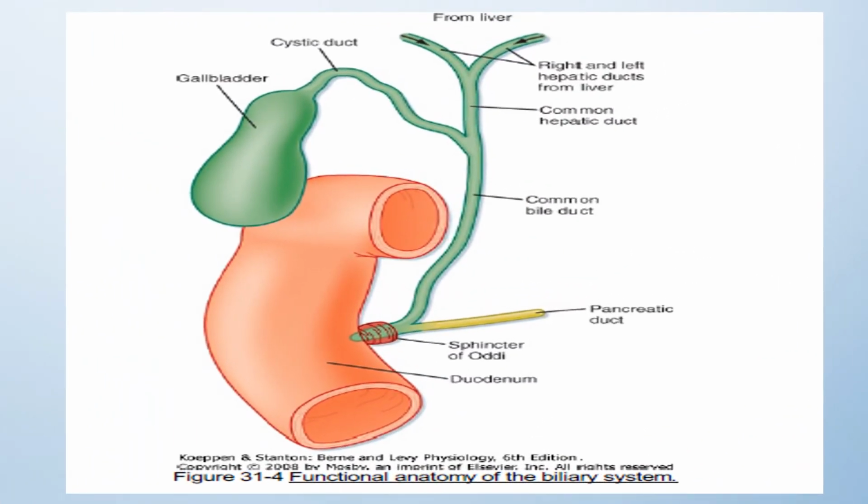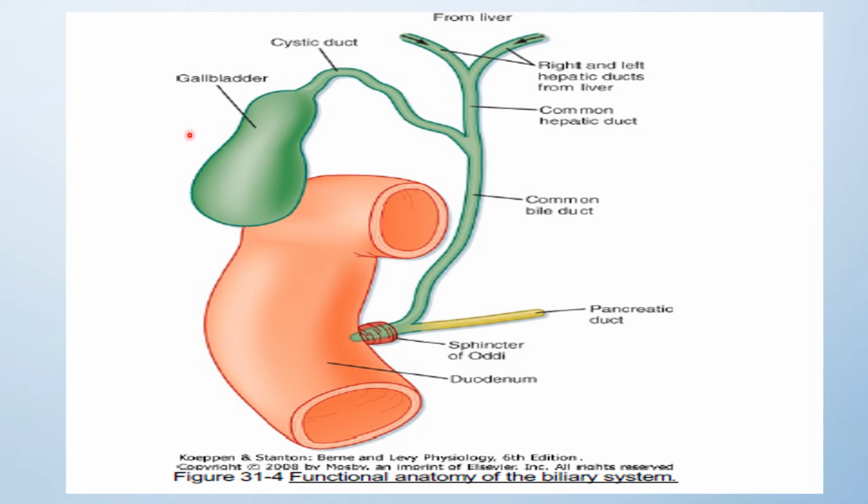So this figure represents the functional anatomy of the biliary system. And here you have your right and left hepatic ducts from the liver that will form your common hepatic duct, and there will be this junction, and it will now go to your cystic duct and to your gallbladder. So from your gallbladder, okay, it connects now to your common hepatic duct to form your common bile duct.